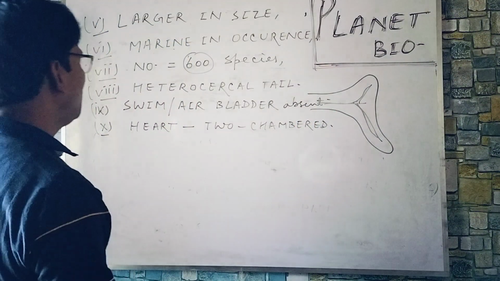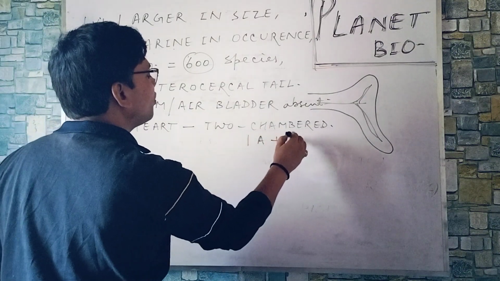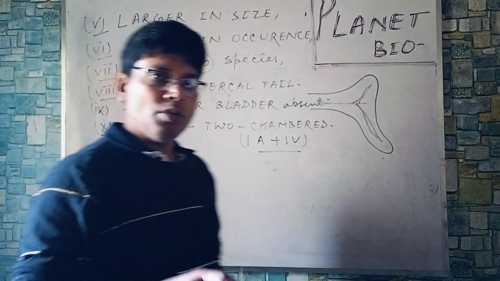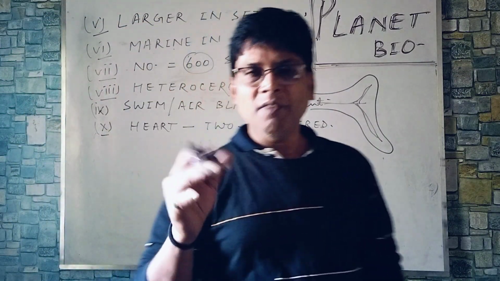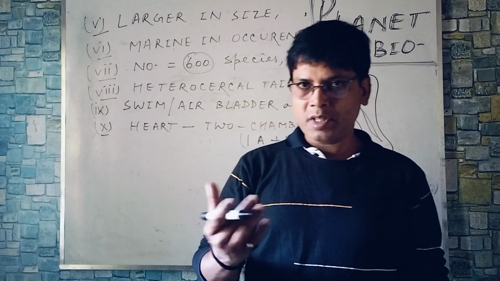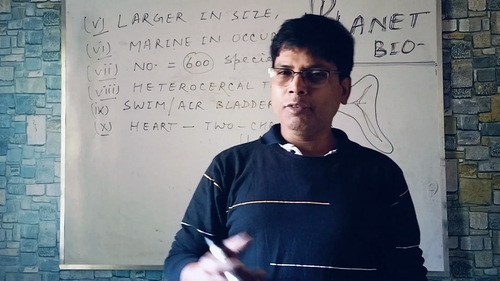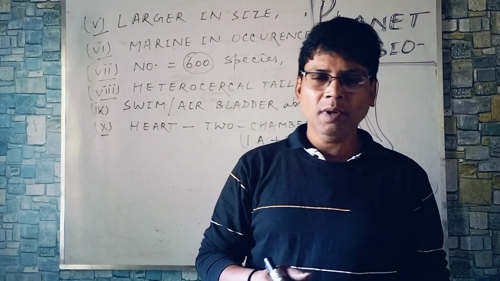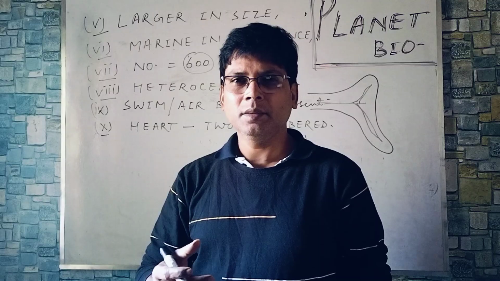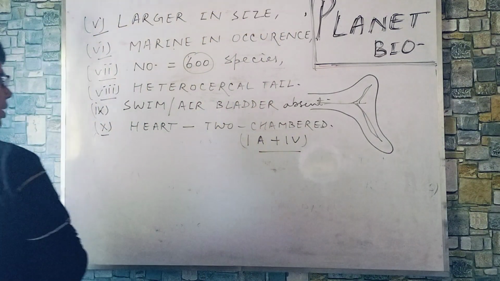So you can write 1A plus 1V. Now the evolution starts. In amphibia you will find three-chambered. In reptiles also three-chambered heart, except crocodiles and alligators. And then four-chambered hearts you can see in crocodiles, alligators, birds and mammals. So this is how progressive evolution goes on.